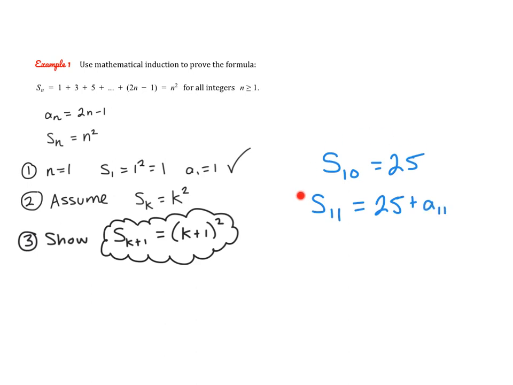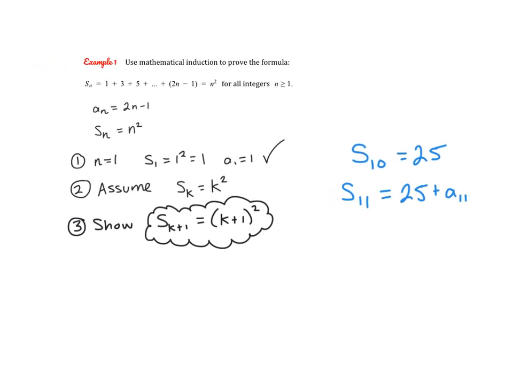So we're going to say that the sum of the first k plus 1 terms is just the sum of the first k terms plus that next term, a sub k plus 1. So remember, that's just like saying that if the sum of the first 10 is 25, the sum of the first 11 is that sum plus 1 more term. So that's what we're doing here, that sum plus 1 more term.